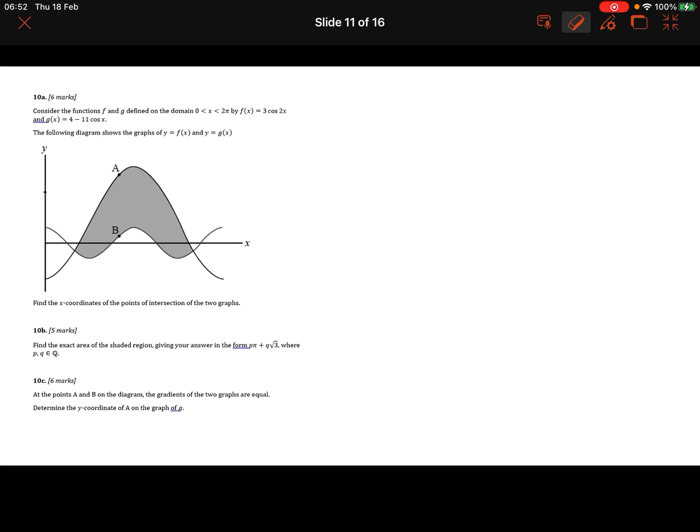Determine the y-coordinate of A on the graph G. So this is g of x, because that's got A on it, and that's got to be f of x. The gradients of the two graphs are equal, so clearly what you're going to need to do is find f dashed x and g dashed x. So again, entry into the question is easy.